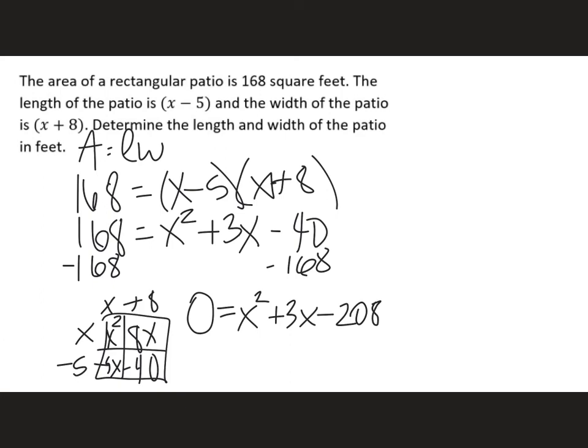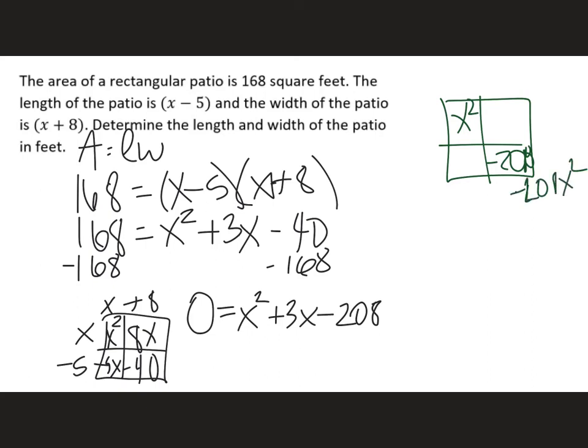And there's no way to simplify this one, so we're going to have to find factors of 208 that make a 3x. So let's switch over to factoring here. I know I have x squared and negative 208. I need factors of negative 208x squared that will produce a positive 3x.